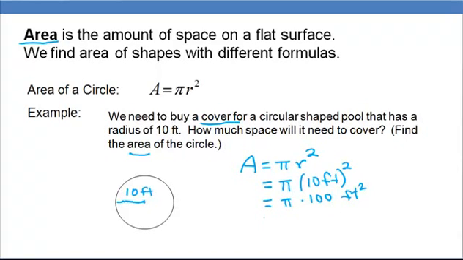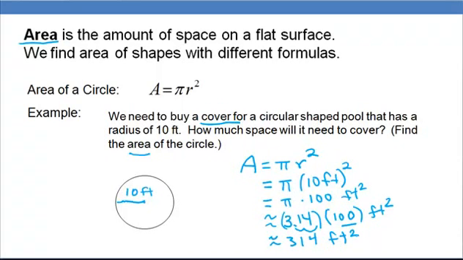We'll substitute pi, 3.14 times 100. Your multiplication shortcut, you're multiplying by a power of 10. Your 2 zeros will move your decimal 2 places to the right. So we have 314 square feet.